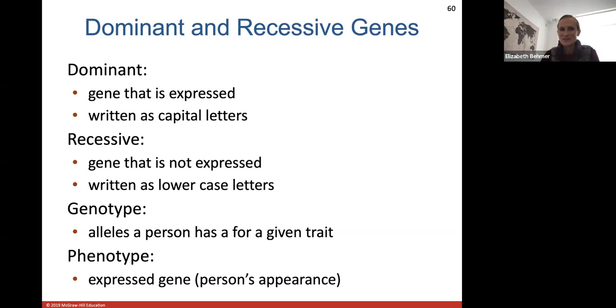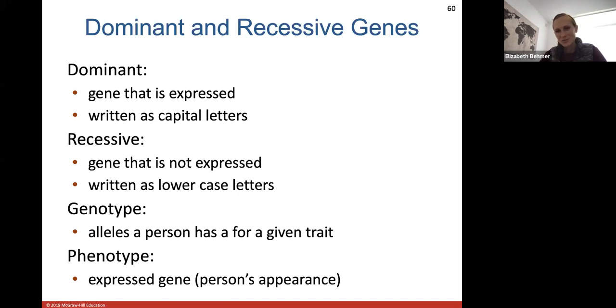Dominant and recessive genes. A dominant gene is a gene that is expressed, and this is always written as a capital letter. And a recessive gene is a gene that is not expressed, and this is written as a lowercase letter. And they've gone through and figured out what are dominant genes and what are recessive genes. So for example, a recessive trait is having red hair.